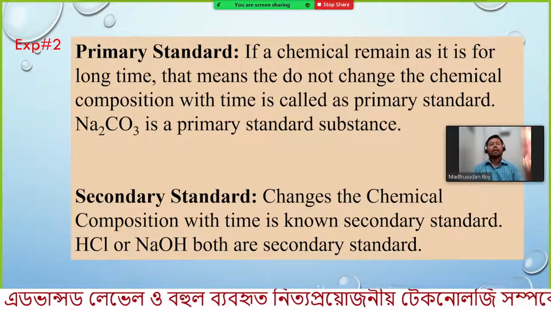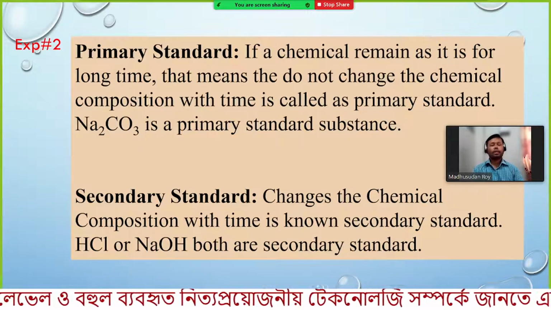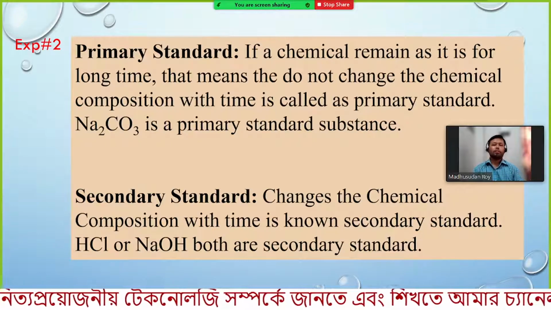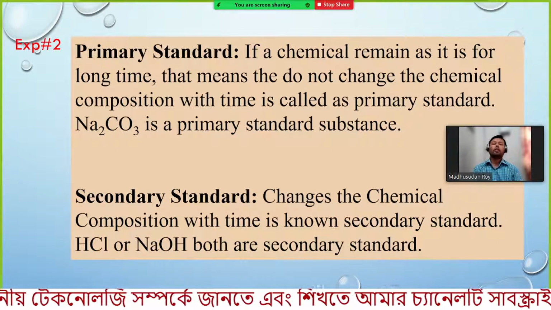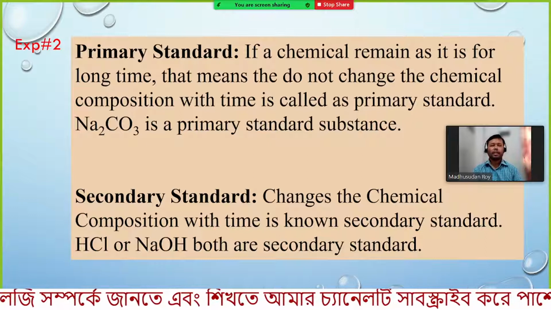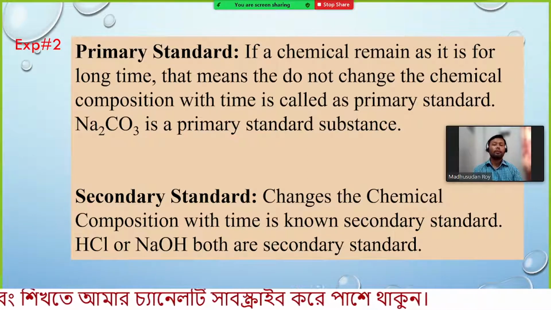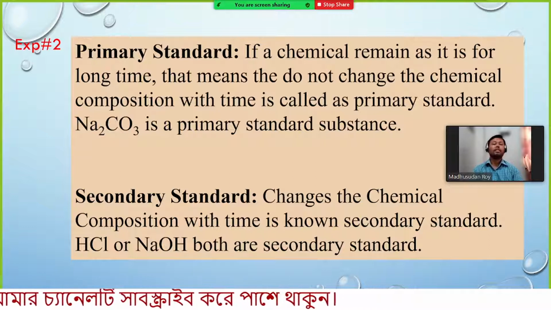So the anhydrous sodium carbonate can be considered a primary substance, but if you keep it for a long time in the open air, it can absorb some moisture, so that sodium carbonate can be treated as secondary.